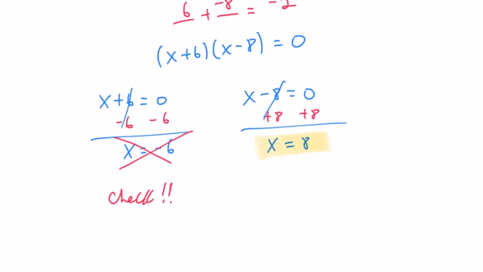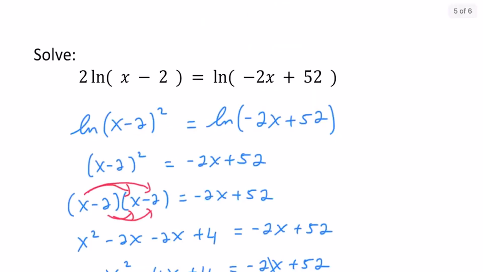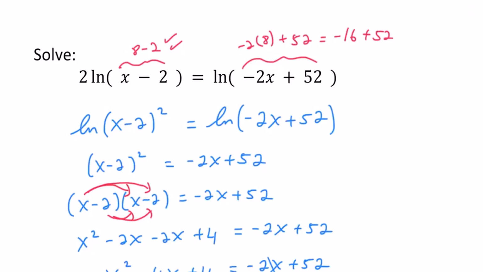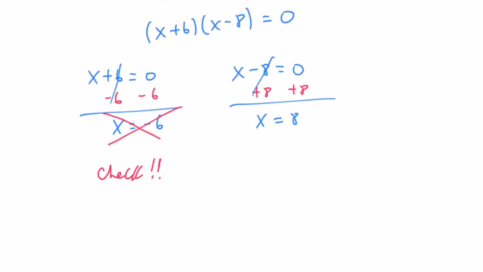Let's check for 8. For 8, we have 8 minus 2, which is positive, and it's not 0, so this one is good. The next one, we have negative 2 times 8 plus 52. So that is negative 16 plus 52, and it is positive. So this one is also good. So that means 8 is an answer. So here the answer is 8.